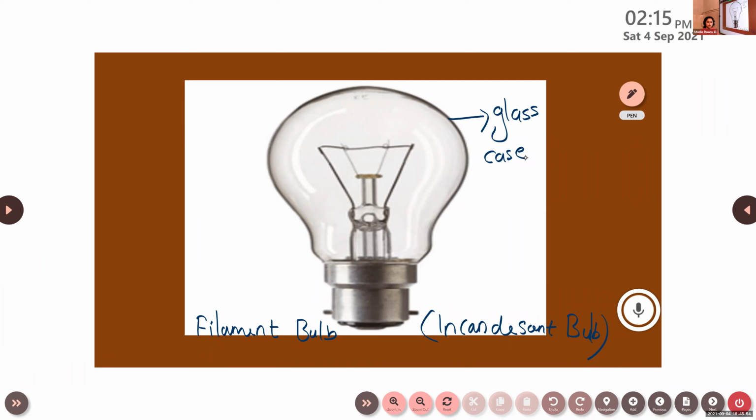Inside this bulb, we have a filament. This part is known as the filament. This filament is made with a strong metal called tungsten.